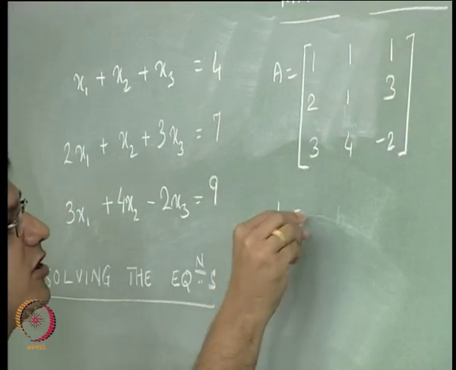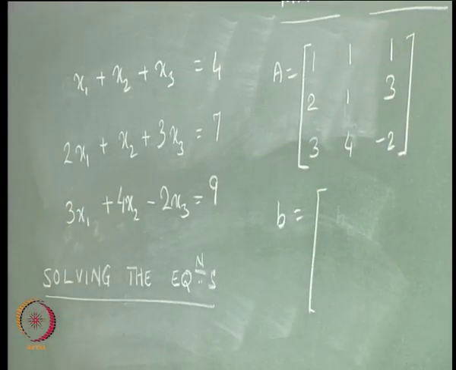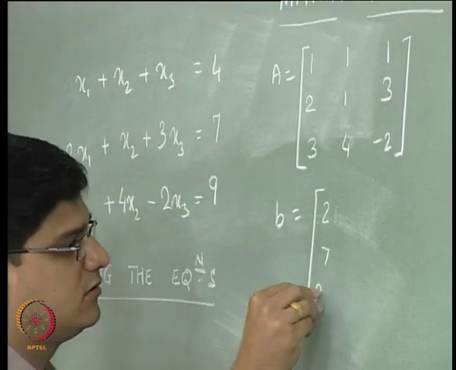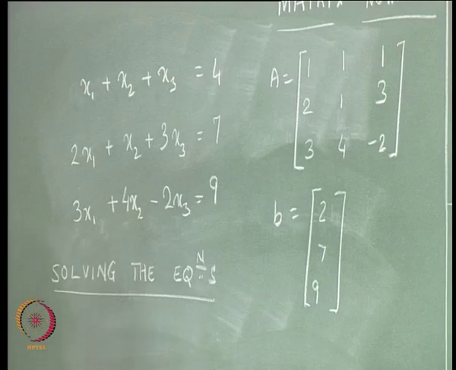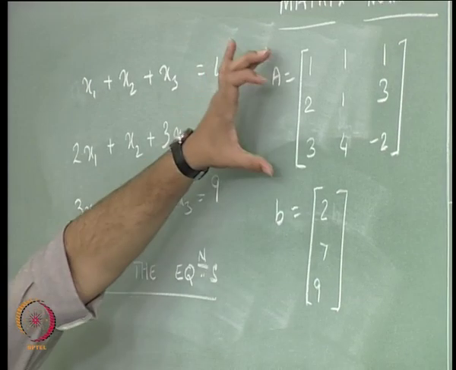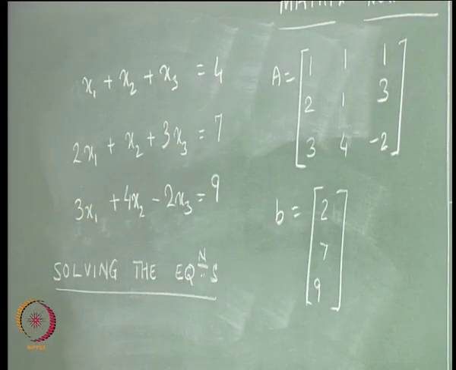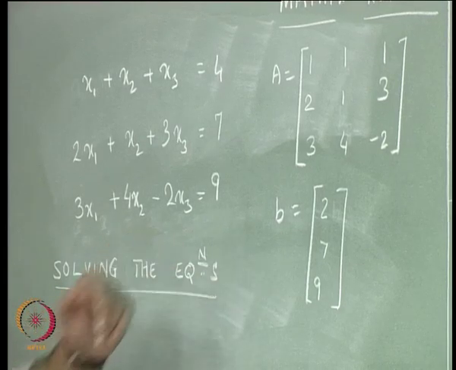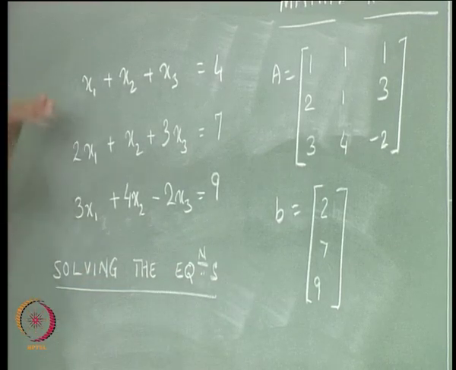For the vector B we will have 4, 7, 9. Okay. So now we have the matrix A and the vector B, and then we will try to solve these equations using the Gauss elimination process. Before that we will try to solve it using the algebraic method that we typically use.